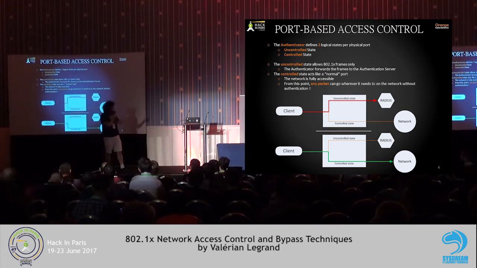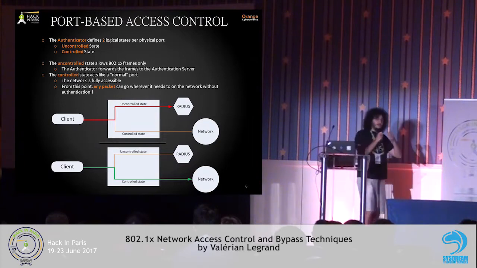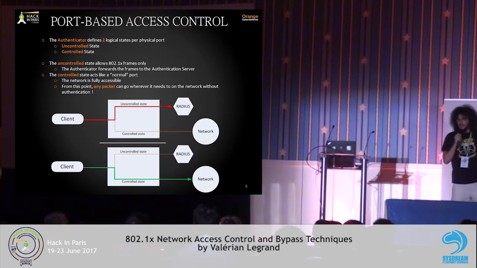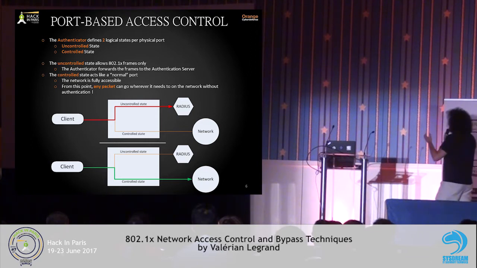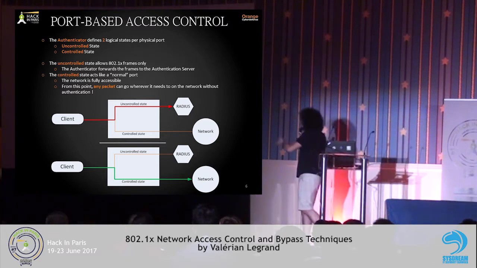In fact, your supplicant here will just use a generic IP address that is defined in the standard. So when you finally successfully authenticate against .1x, the switch will then change the logical state of the port to that of the controlled state.